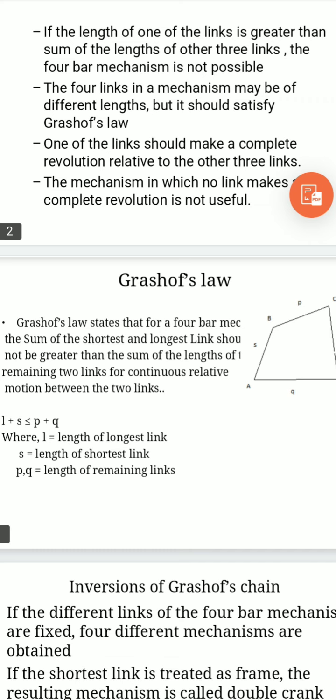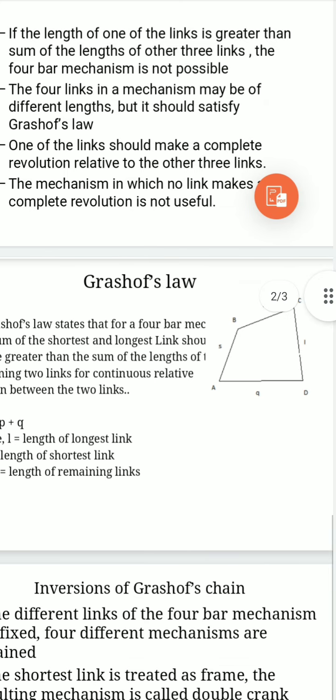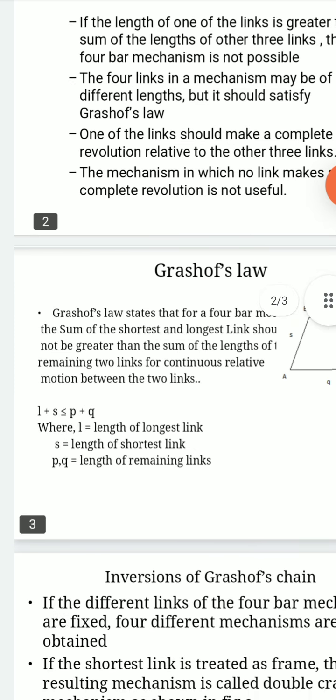As you can see in the sketch, L plus S should be less than or equal to P plus Q.